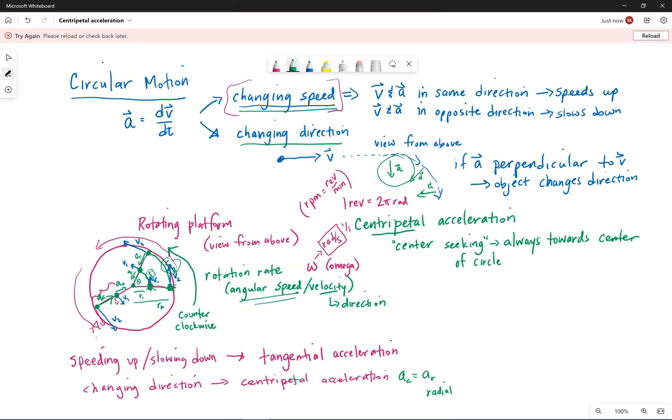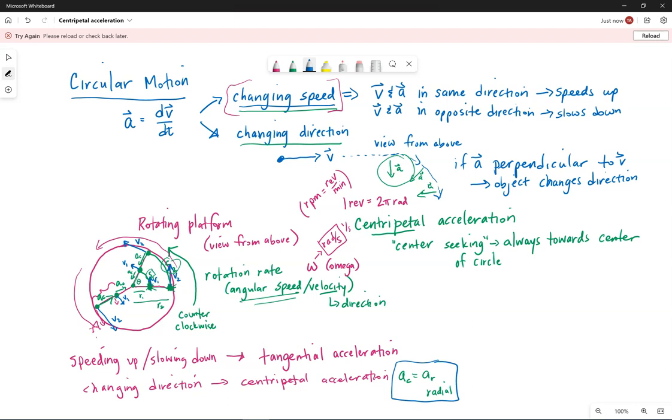For now, our main thing we need to be able to work with is understanding and recognizing that an object making a turn, the object could be traveling fully in a circle or just a portion of a circle. That object will always have a centripetal or radial acceleration.